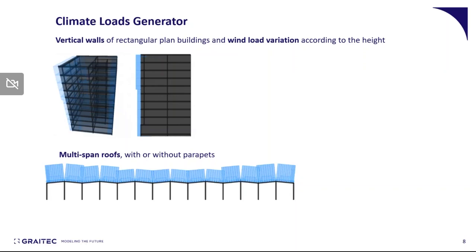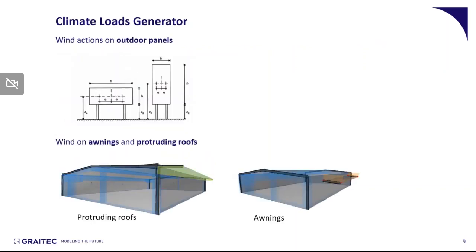Multi-span roofs with or without parapets. Outer panels can be calculated as well using the climate load generator, and the wind load specifically can be identified on them, and also wind loads and snow loads on awnings and protruding roofs.